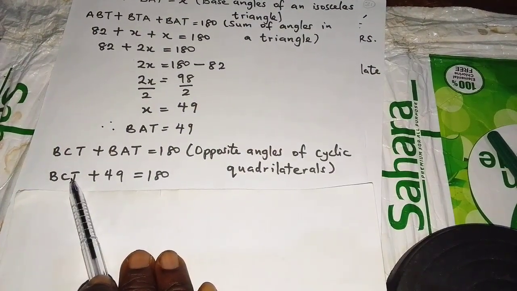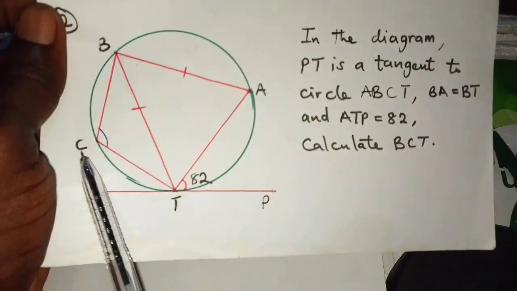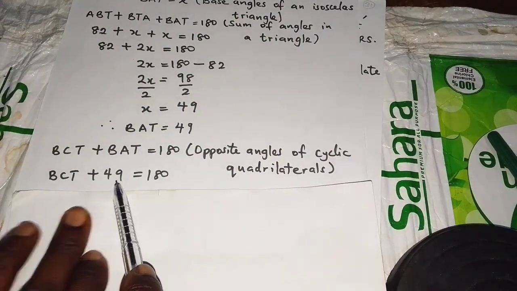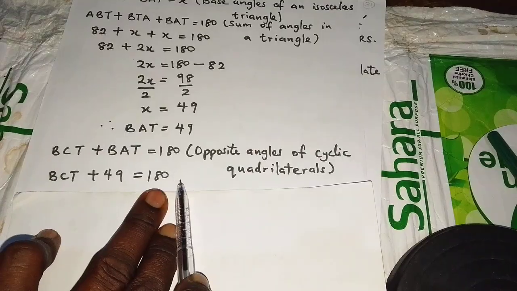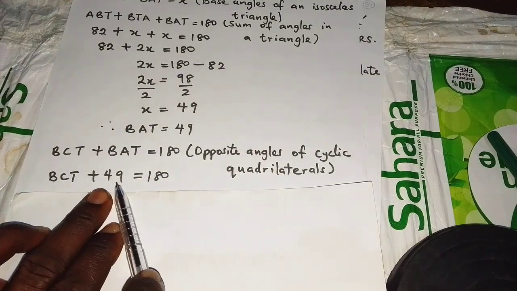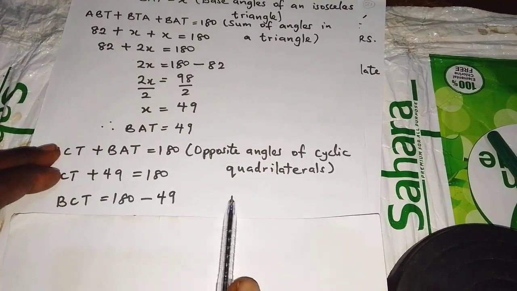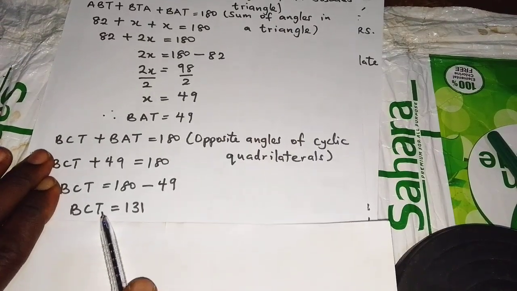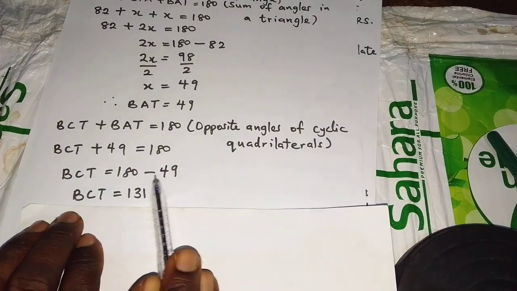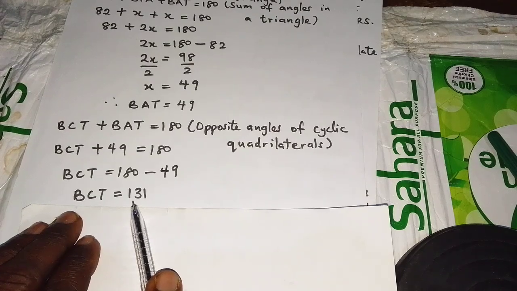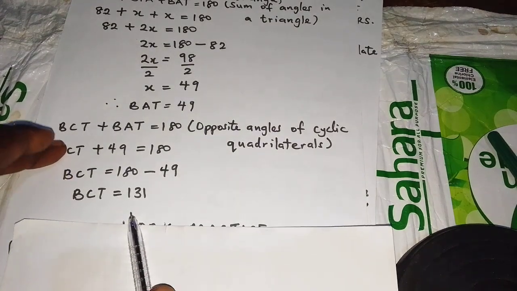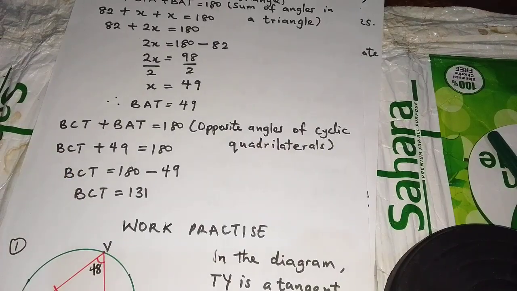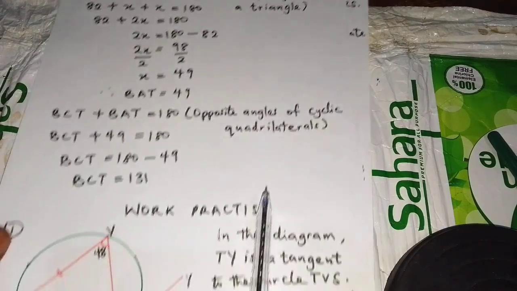So the angle we are told to look for, BCT, this angle. So BCT plus 49 should be equal to 180. So if we bring this 49 to this other side, it turns to minus 49. So the angle you are now told to look for will be 180 minus 49, which will give us 131 degrees. 131 degrees.